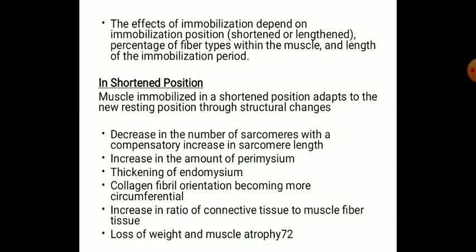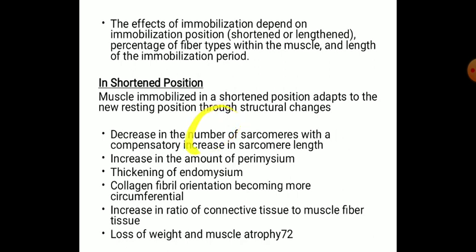Second, we can keep our muscles in a lengthened state to attain that immobilization. Whenever we shorten a particular muscle to attain immobilization, there are some problems which can arise from this shortened position.